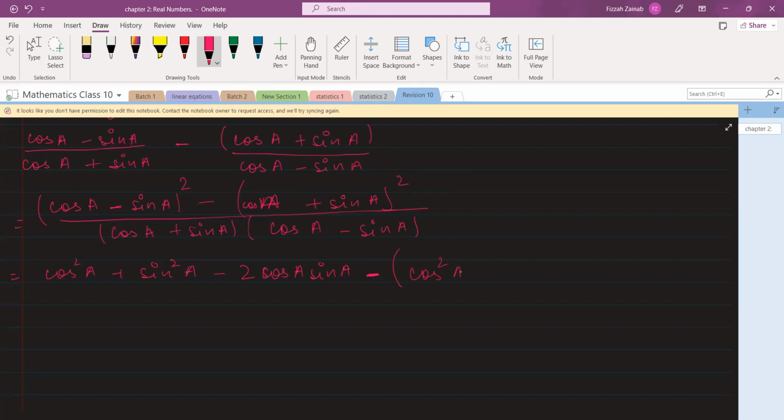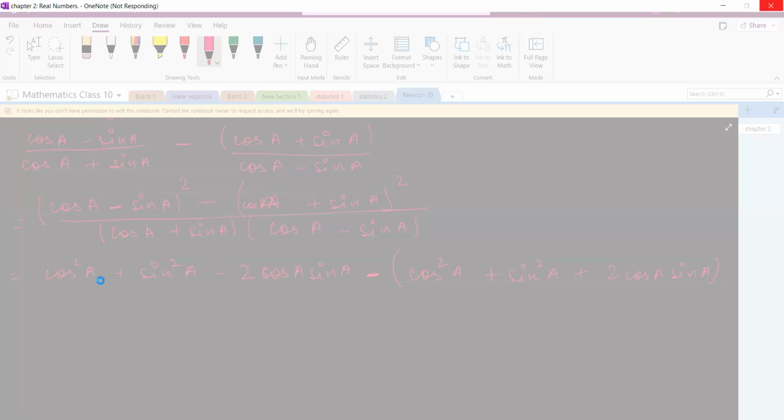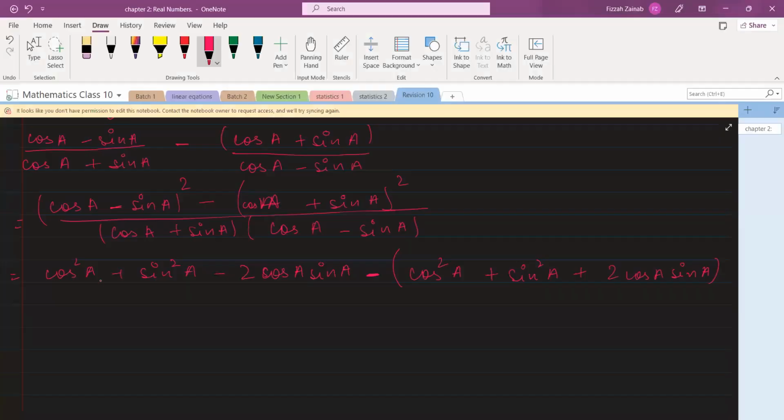So cos square A plus sine square A plus 2 cos A sine A. And then divided by, okay, you please continue. My screen is a bit hanged. So in the denominator, you get cos square A minus sine square A, right?